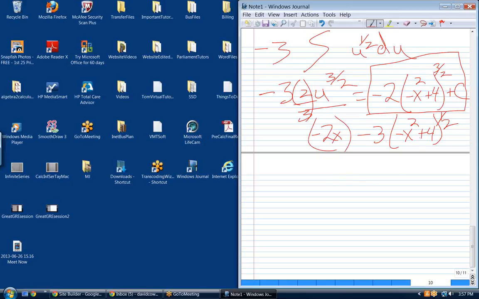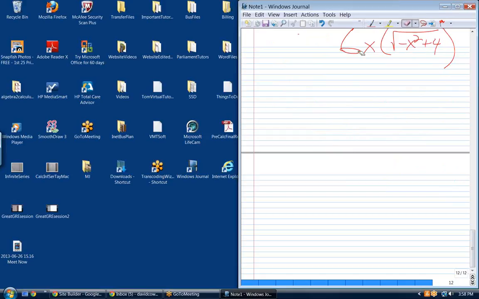So that should be what I started with. And it is, because minus 3 times the minus 2x gives us 6x times the square root of minus x squared plus 4. That's always the case. If you're not sure that you've integrated it properly, just take the derivative of what you have, and you need to get back to the function you started with. Okay. That makes sense.